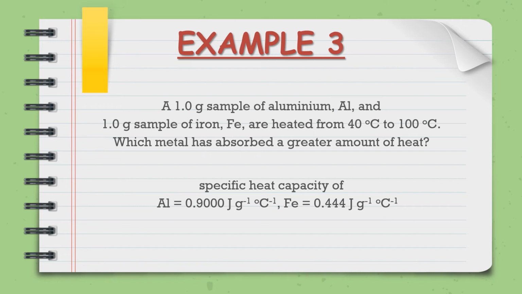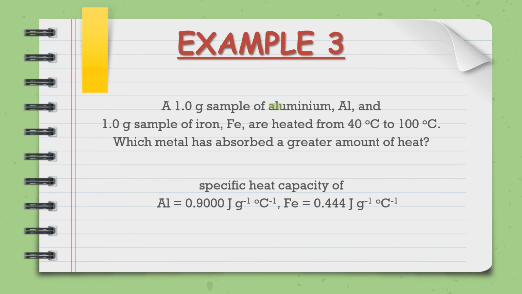Now, example 3. A 1 gram sample of aluminium and 1 gram sample of iron are heated from 40 degrees Celsius to 100 degrees Celsius. So, which metal has absorbed a greater amount of heat? Okay, so for this question, we have two different metals.